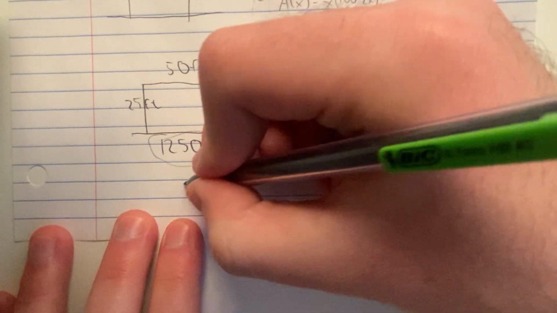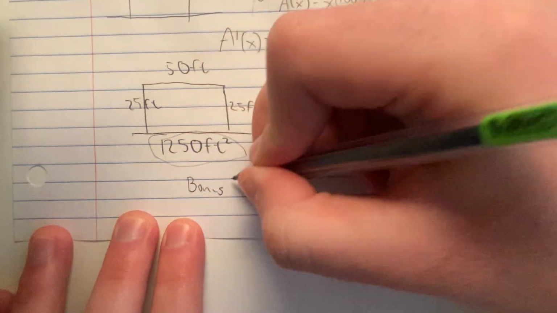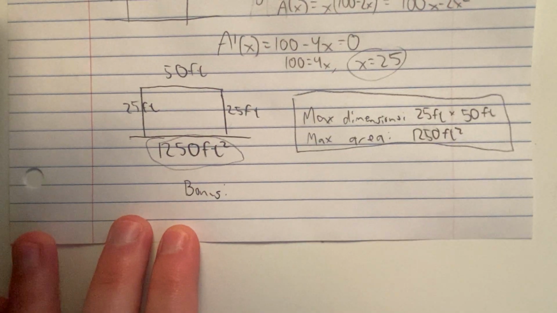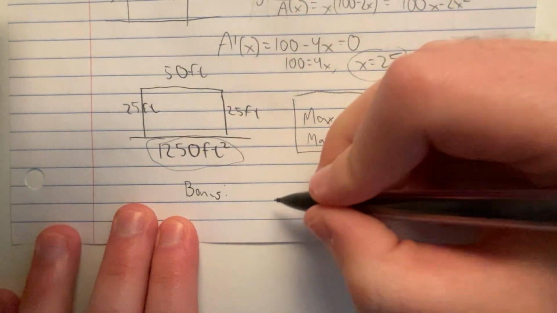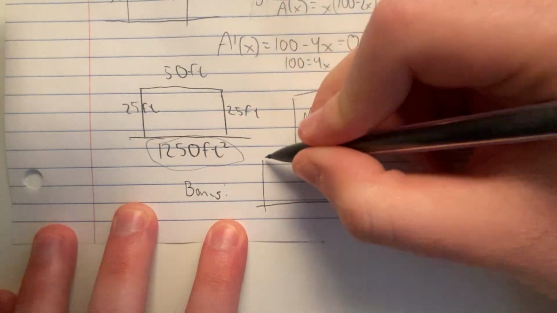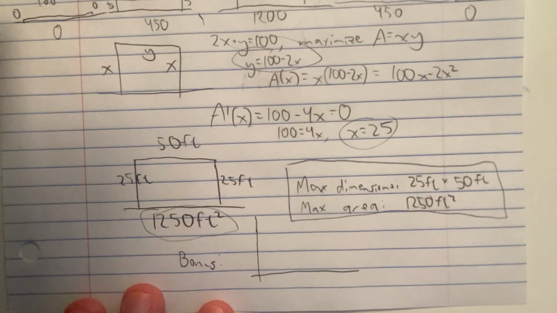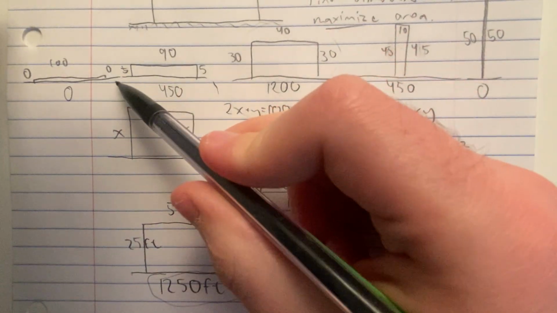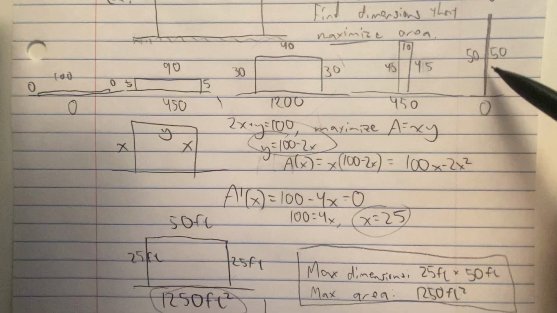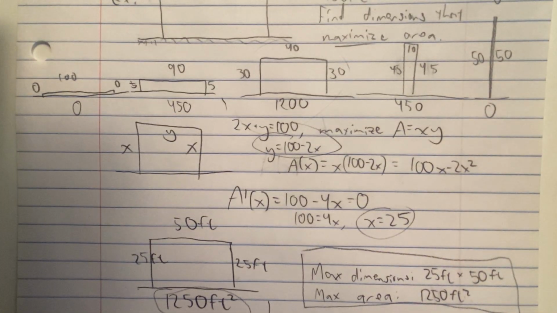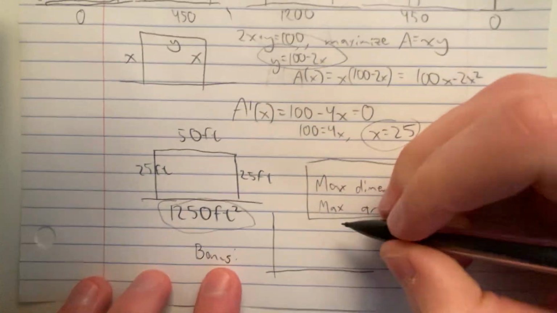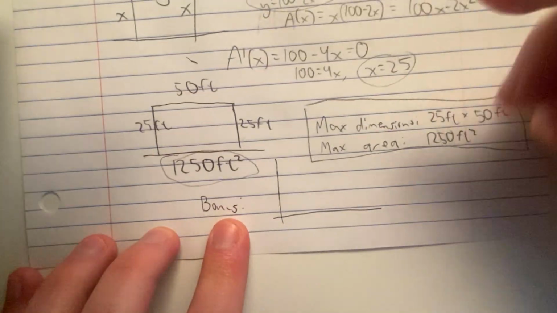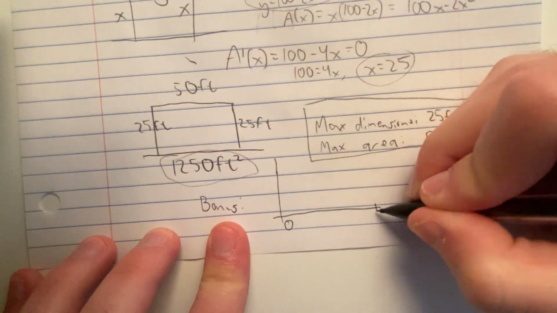And as a bonus, let's graph A of x as a function of x. So we saw that we really only care about x as it goes from 0 to 50. We can't have x be any less than 0. We can't have it be more than 50, at least not without some very strange stuff happening to this fence.